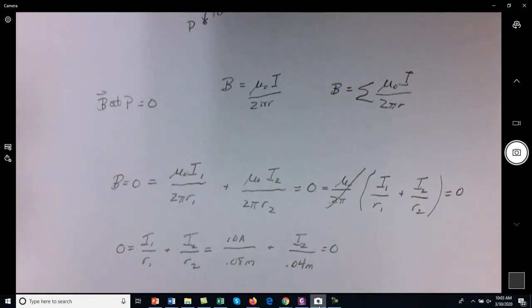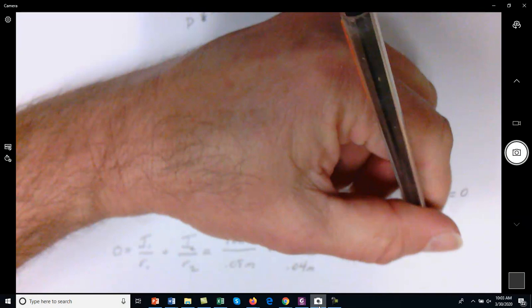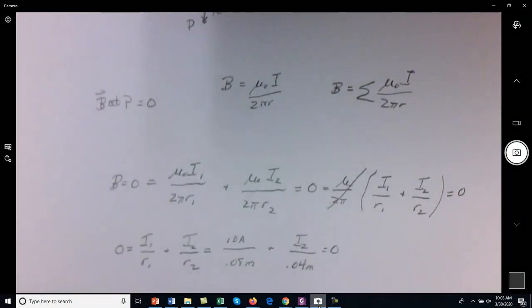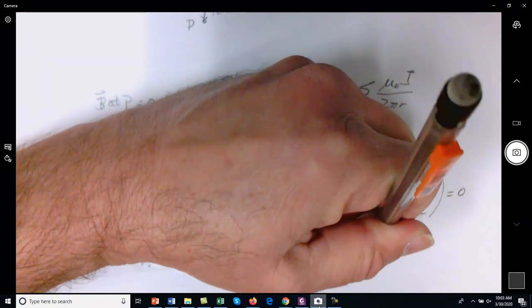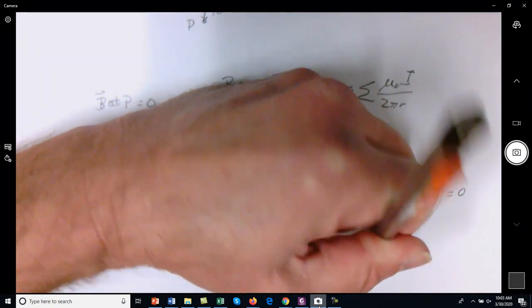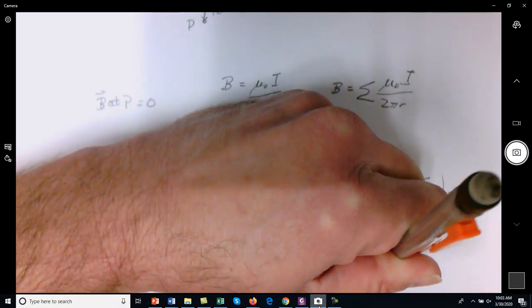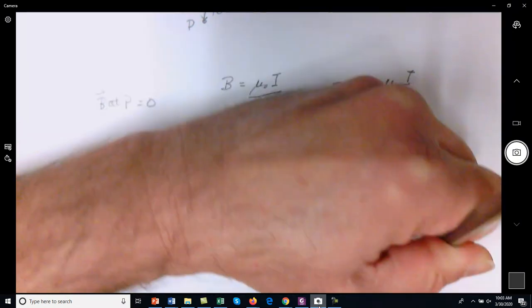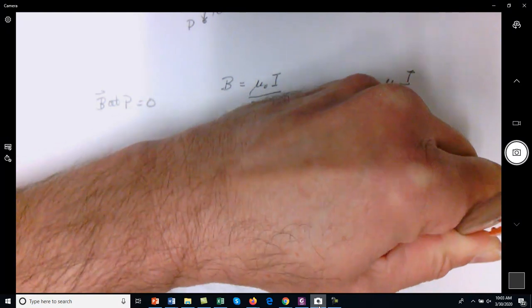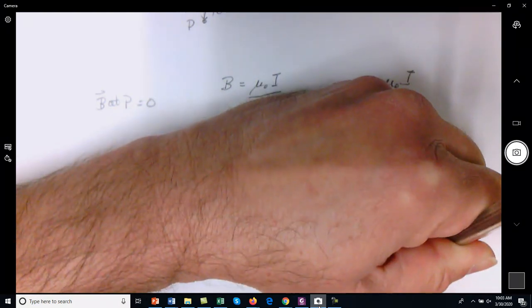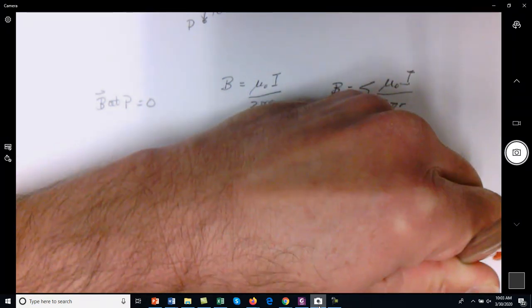I apologize, I'm left-handed, so I'm always covering up the page with my hand. Rearranging, 10 amps over 0.08 meters equals negative I2 over 0.04 meters.